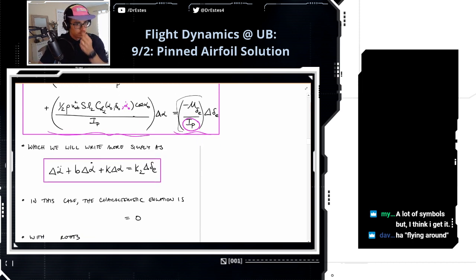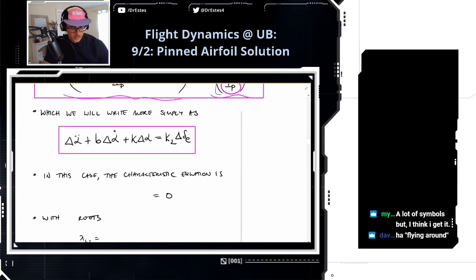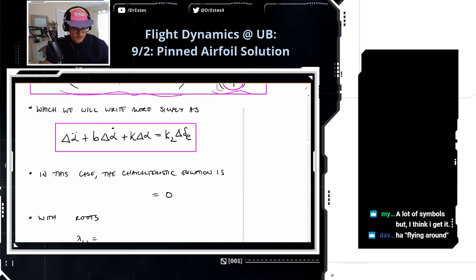So let's analyze this system just like we did for the undamped, as a little bit of review. We won't do it in quite as much detail, but we know that the characteristic equation for this is going to be lambda squared plus b lambda plus k equals 0.